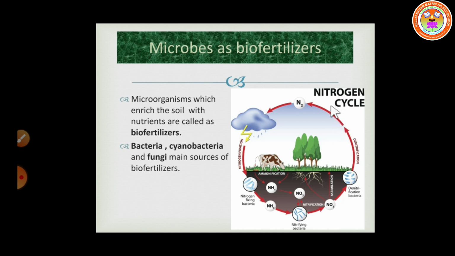Nitrogen is one of the main sources of plant nutrients. The plants use nitrogen as a main source. Atmospheric nitrogen has to be converted to the available form of nitrogen, because the plants cannot absorb nitrogen directly from the atmosphere.